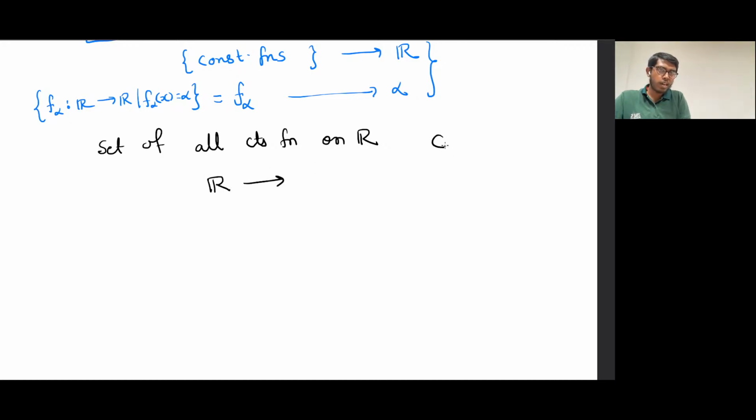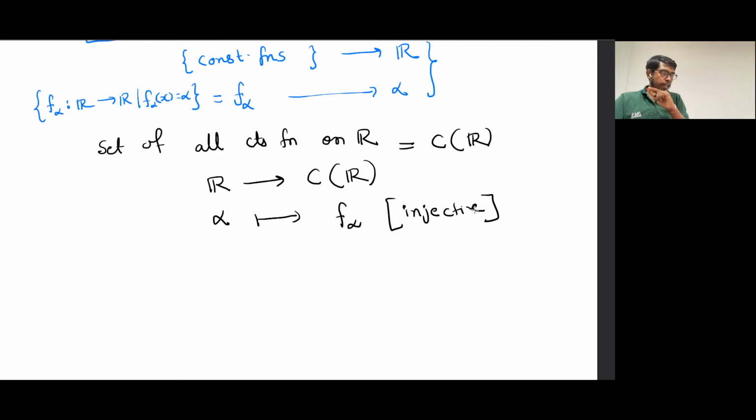Let CR denote the set of all continuous functions on R. So I'll give an injection: if I give alpha, I will send it to f alpha. And constant functions are continuous. Hence, this map is well defined, and this is an injective function. So I got an injection from one side.